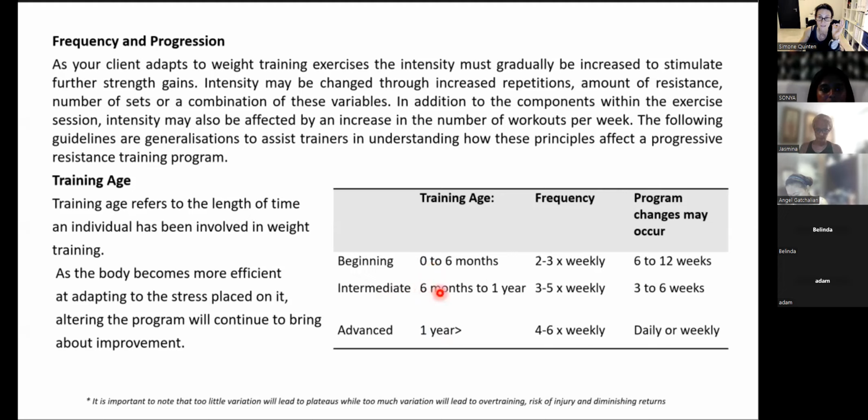It doesn't necessarily mean that just because somebody has been with you for 2 years, they are advanced in all exercises, okay? You need to be careful with this. Certain exercises are really complicated. Some people can't do them. Some people just don't have the body awareness, okay? You need to be careful. Does it make sense?